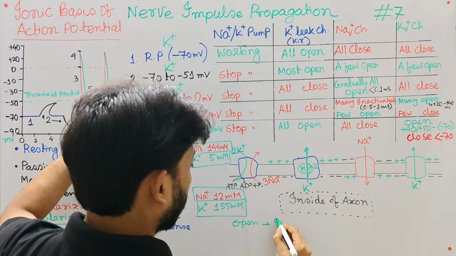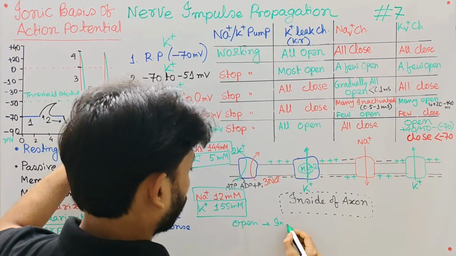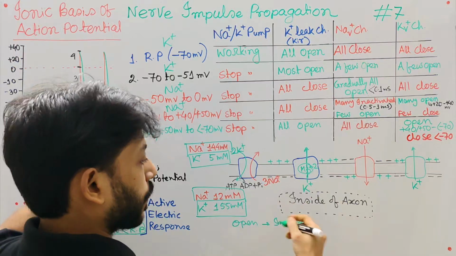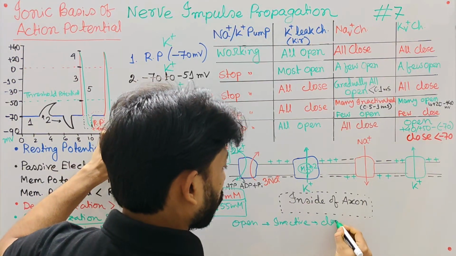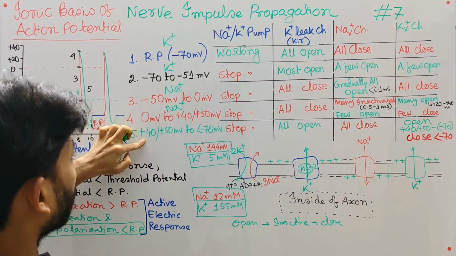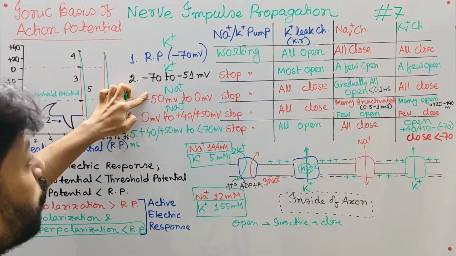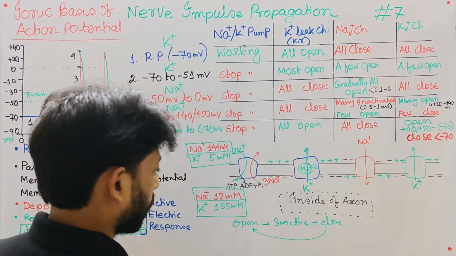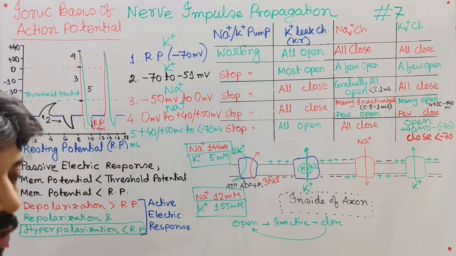Then they become inactive from 0 to plus 40 millivolt, and during this reversal of the membrane potential they become closed, and when the membrane potential rises from minus 50 to 0 millivolt, they open again. So they go through these cycles: open, inactive, and closed.